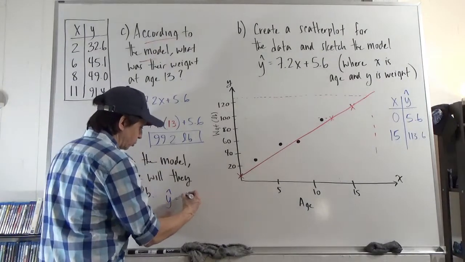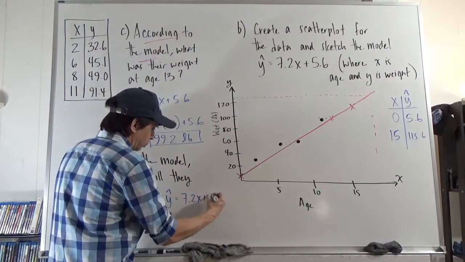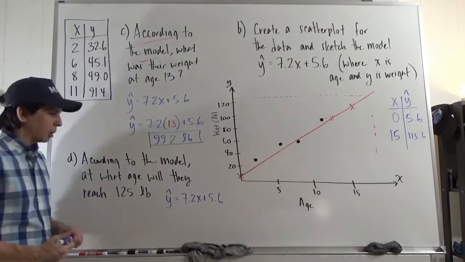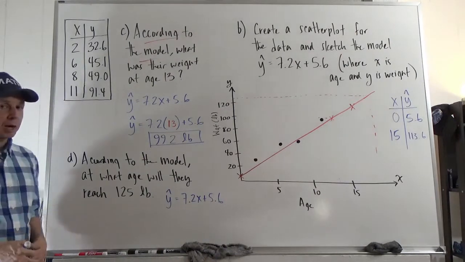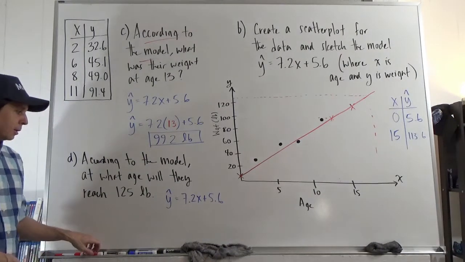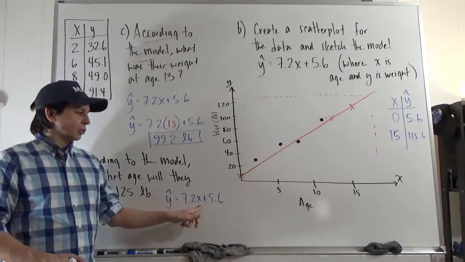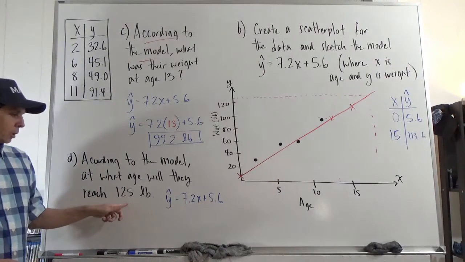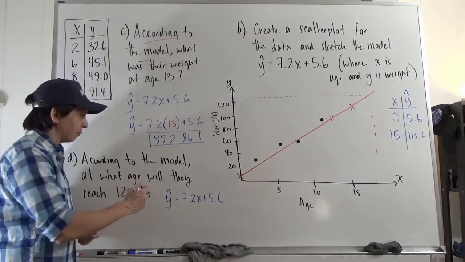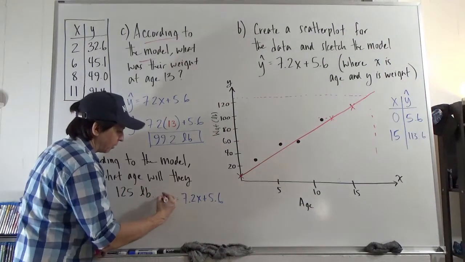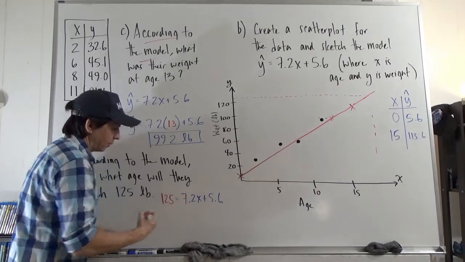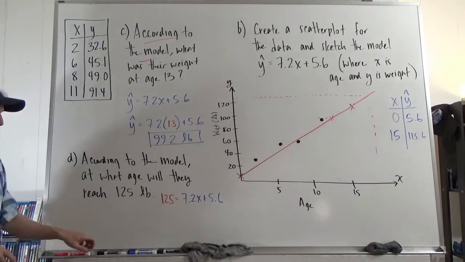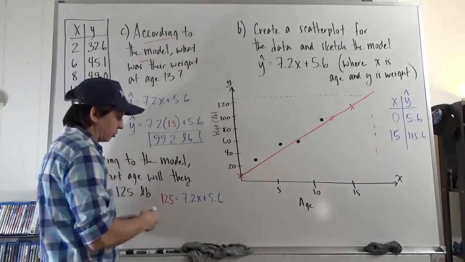Y hat is equal to 7.2x plus 5.6 is our equation. I'm going to erase and fill in the 125, but I want you to make sure we know where it's going. X is age. We want to find the age. Y hat is a predicted weight, and we're going to use 125 there. So we're plugging in 125 for y hat, and we're going to predict when he's going to reach that weight by solving for x.